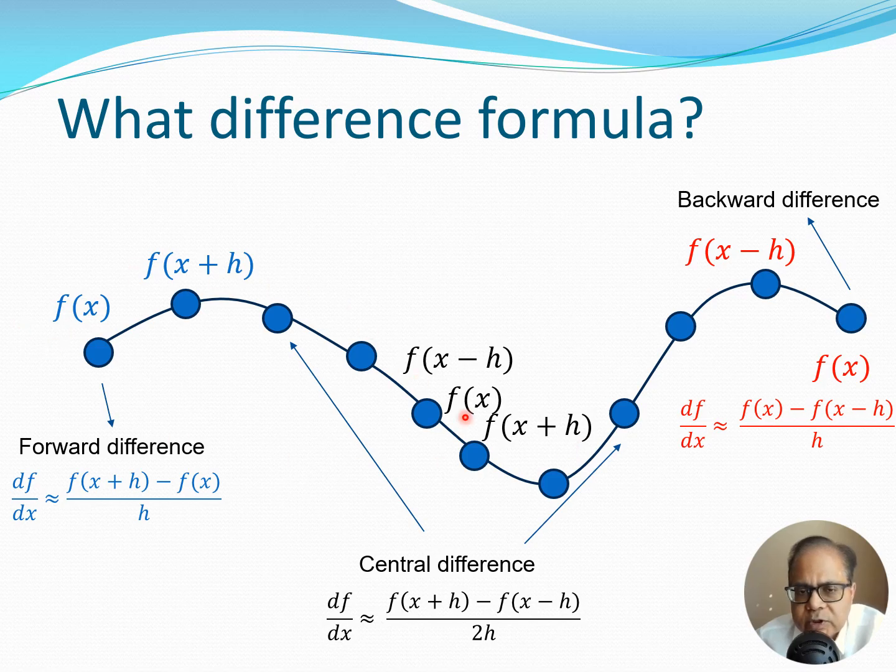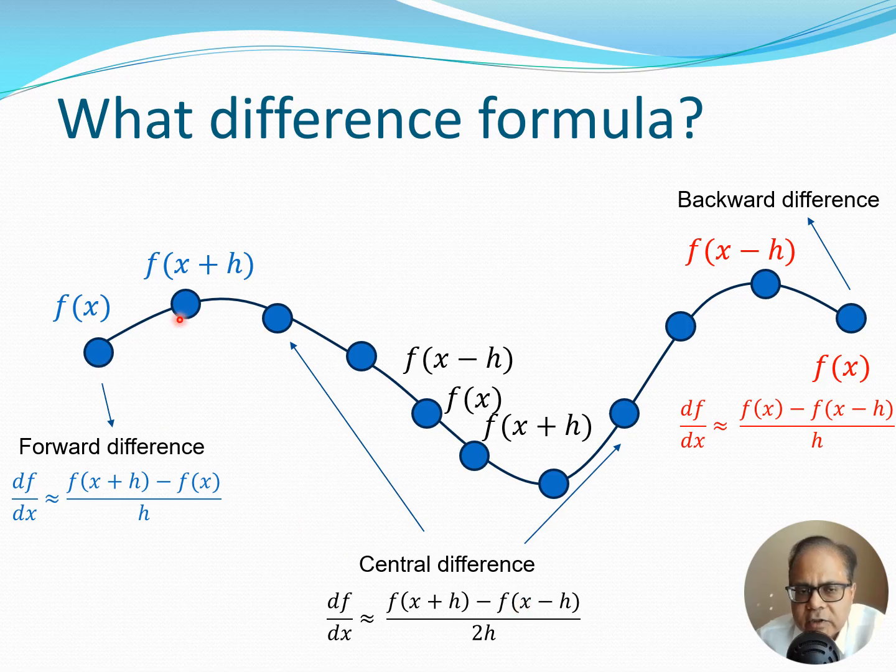In some cases you simply have a graph, or let us say a function, and you have the function values at certain discrete points. In this case what would happen is that you would calculate all these values, which are the internal points here of this function, using central difference, because in these particular points you have access to x plus h and you have access to x minus h and the function values at these 2 points.